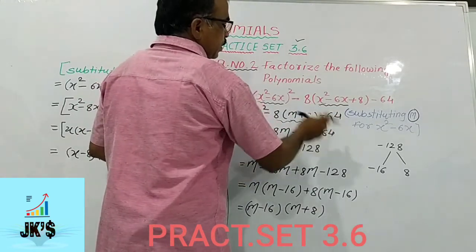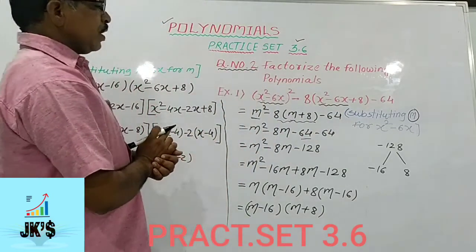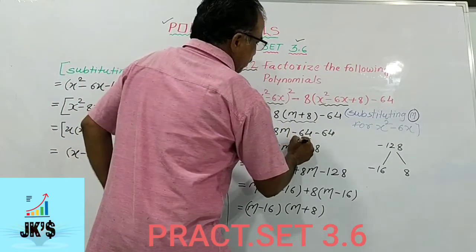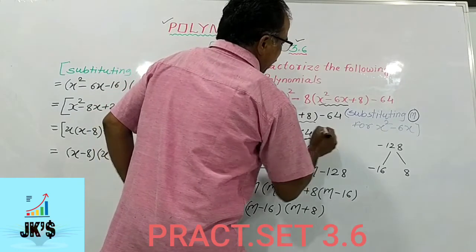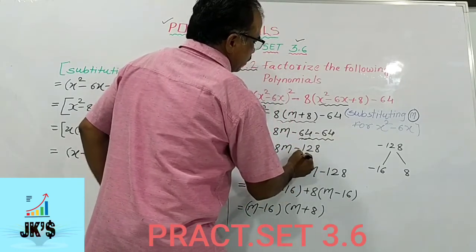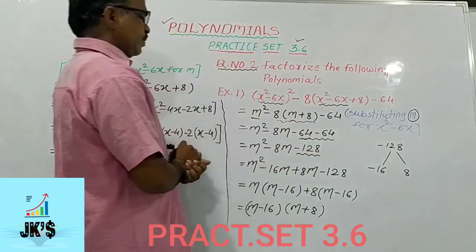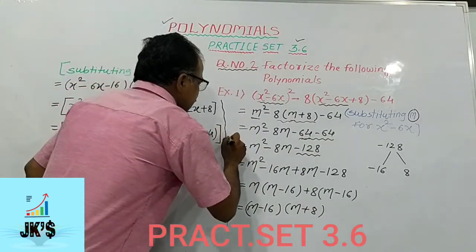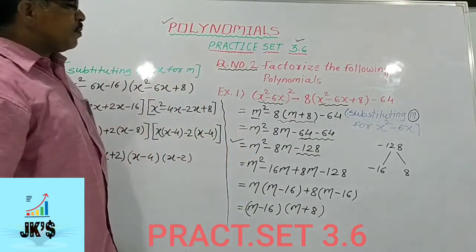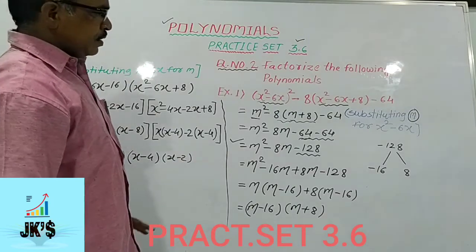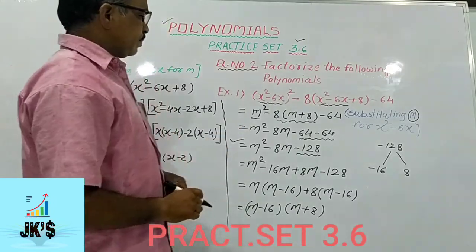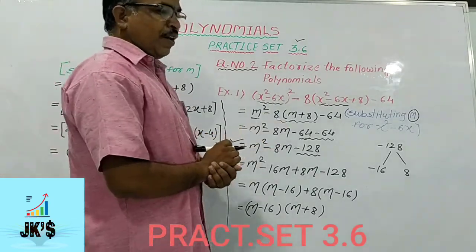And this minus 64 as it is. Now friends, this minus 64 and minus 64 becomes minus 128. When we see this example at this step, it is clear that it becomes a quadratic trinomial.